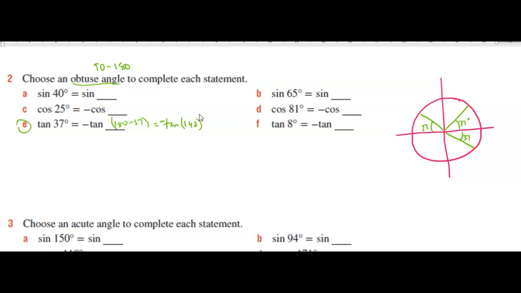Now, it's only asked for the obtuse angle, but if we wanted to find another angle, it's the same as 360 minus 37. So what's that? 323, sorry. 323. Okay, so they're the same. If you put them into the calculator, you would get the same answer.